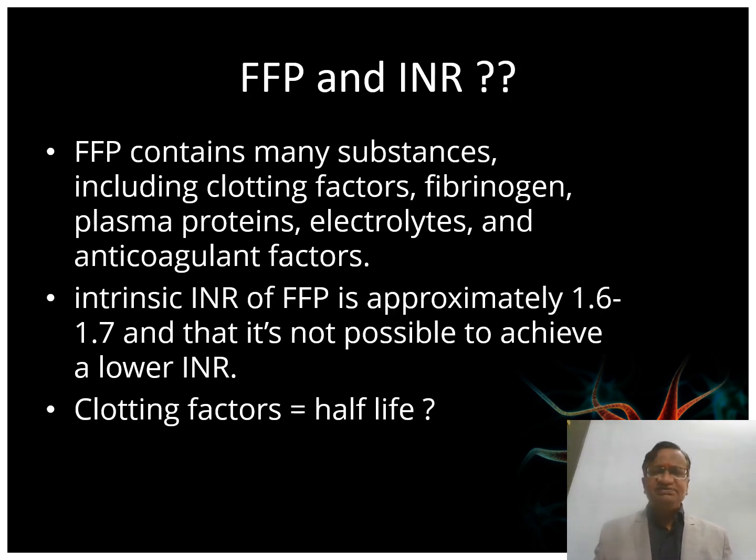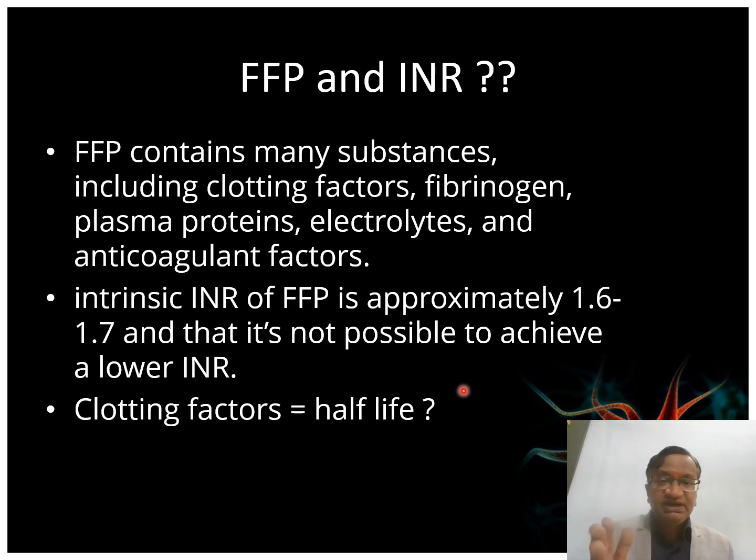What usually we give, if you have a high INR, is FFP. FFP contains plasma proteins and electrolytes. The intrinsic INR of FFP is 1.6. That is what we should understand. If you have a 1.7 INR and you give FFP, it may not come down to your normal.